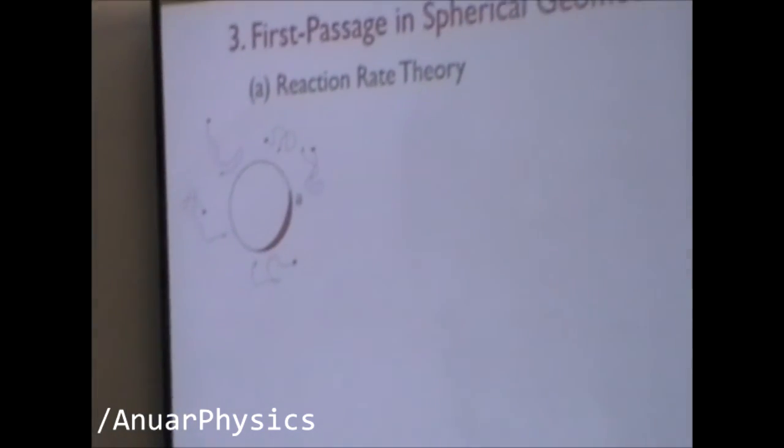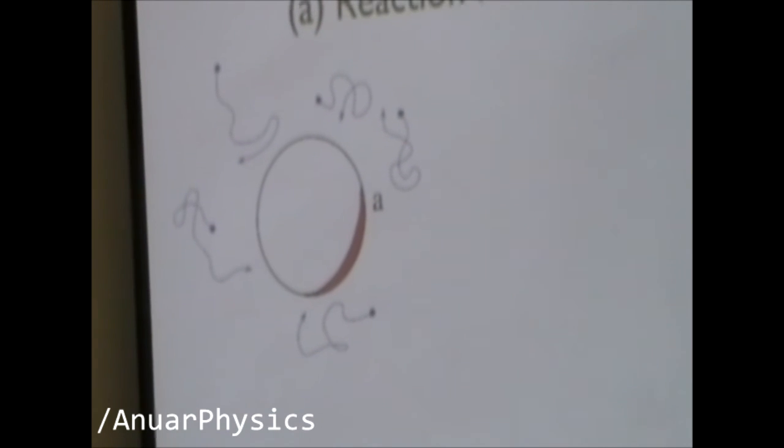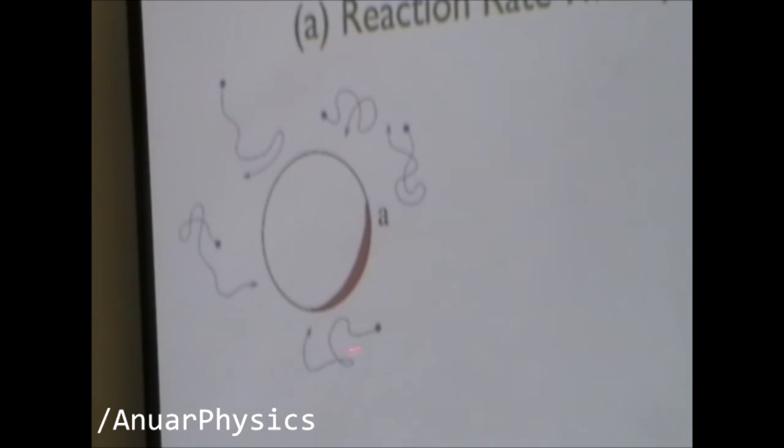So here's the picture I have in mind. I have a particle of radius A, and it's surrounded by a bath of diffusing reactive particles. Whenever any one of these particles hits the boundary of the sphere, it is absorbed. The question we want to ask is, what is the reaction rate of the sphere?